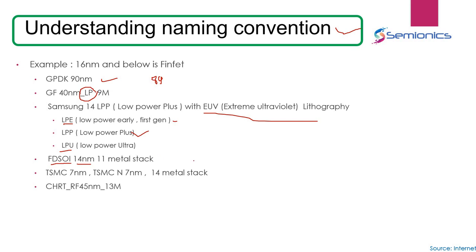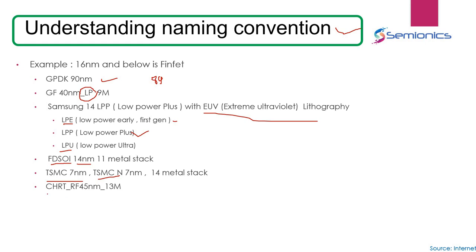Every company has its own way of putting across things, but I'm just trying to put across the generic way so that you can at least correlate the terms and understand when you come across a PDK. Say, for example, TSMC. TSMC says 7 nanometer, 7N is the next improved version of that, and 14 metal stack, 16 metal stack, 11 metal stack.